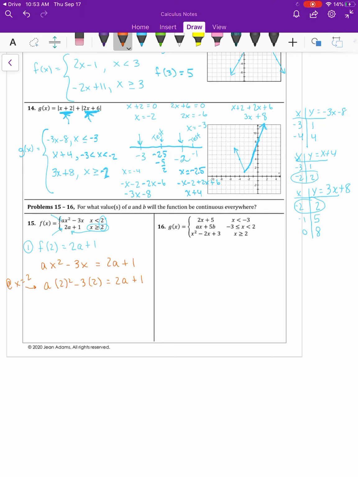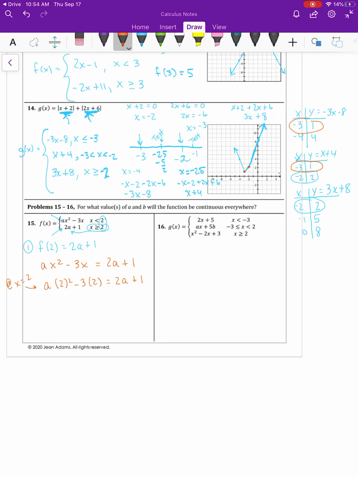Okay, if they are equal, if they share the same point like this one did, right? Remember this one up here? We said that this one and this one shared the same point, and then we said that the next two shared the same point. That made it continuous. If they hadn't shared the same point, it would have been a jump discontinuity.